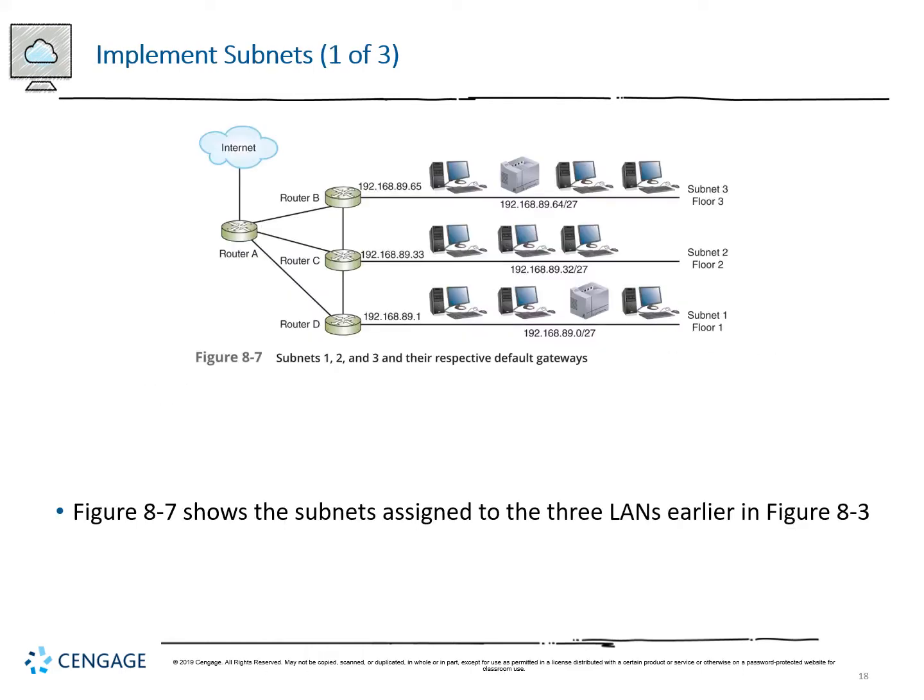So here we see the subnets from the previous figure, 8.3, updated to now show their IP addresses. We can see router A is just our standard default gateway. Each of these routers here, if we look at router D, that's 89.1, router C is 89.33, and router B is 89.65.